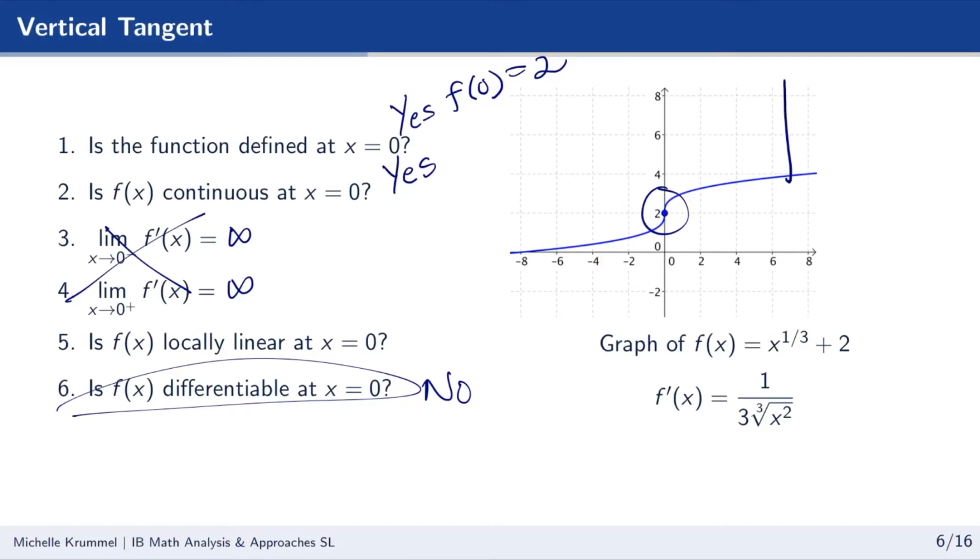Well, it's approaching a line, but not a function. It's approaching a vertical line. So we're going to say no, but for a different reason. It's because it has a vertical tangent. If you were to draw the tangent line at x equals 0, it would be vertical. And so in that case, we say that our function is not differentiable at that point.